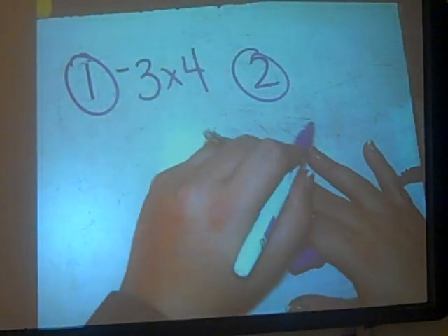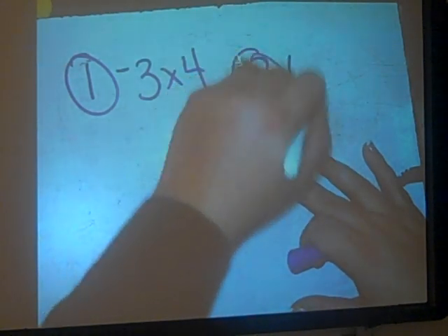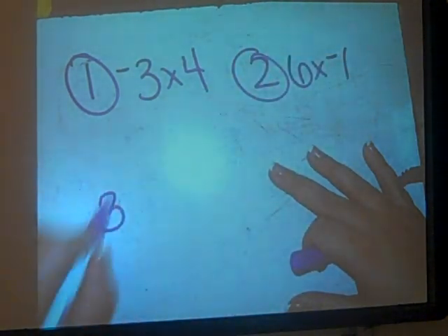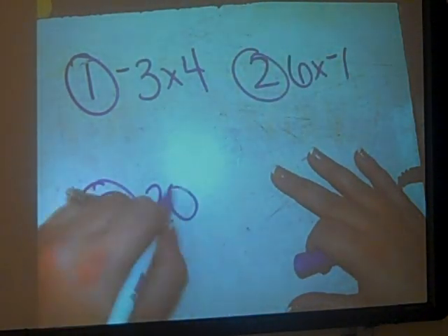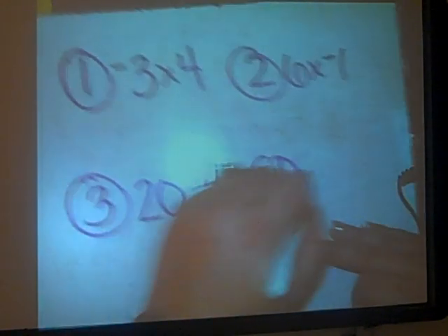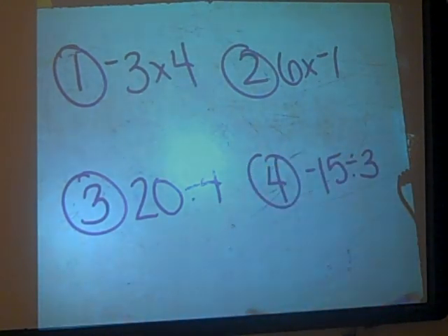For 2, let me see 6 times negative 1. For 3, I want to see 20 divided by 4. And for 4, I want to see negative 15 divided by 3. So I want you to solve these, and then you're going to see if you got them right. So go ahead and pause the video.